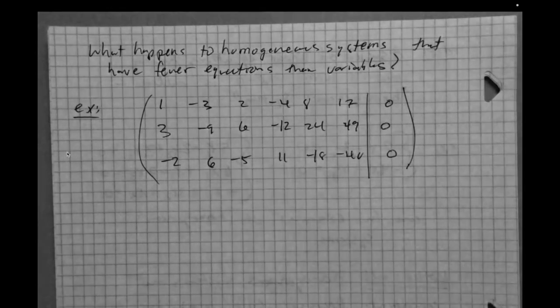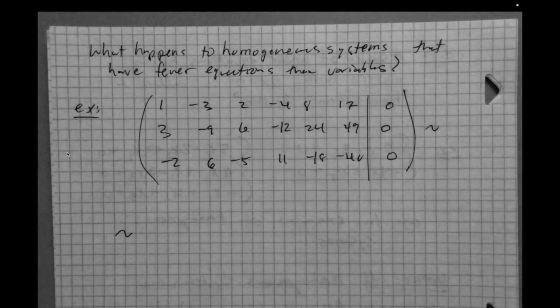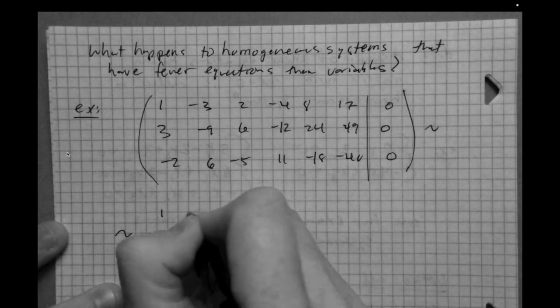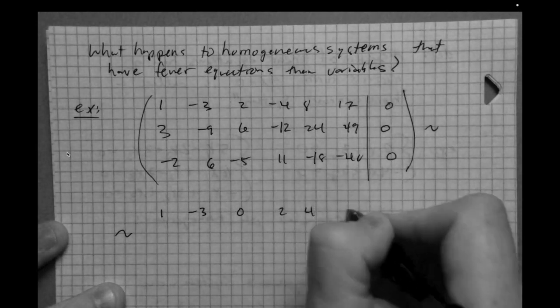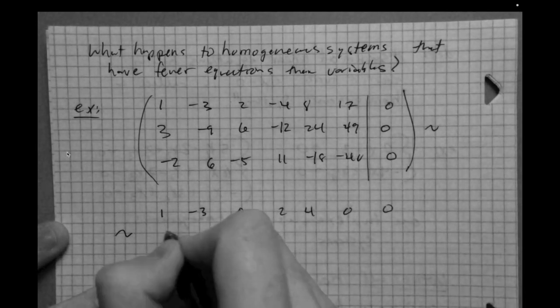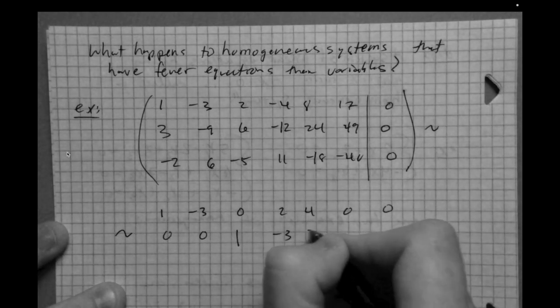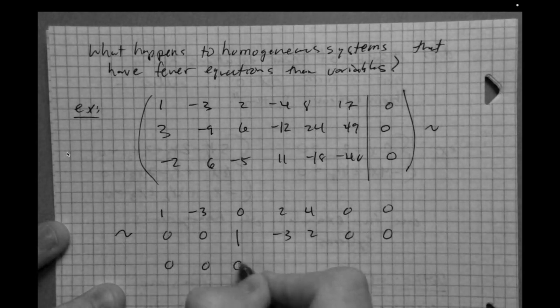So here's a system with 3 equations, but 1, 2, 3, 4, 5, 6 unknowns. Something like this, you could go through the work of putting this into reduced row echelon form, but what you get is 1, -3, 0, 2, 4, 0, 0, and then 0, 0, 1, -3, 2, 0, 0, and then 0, 0, 0.